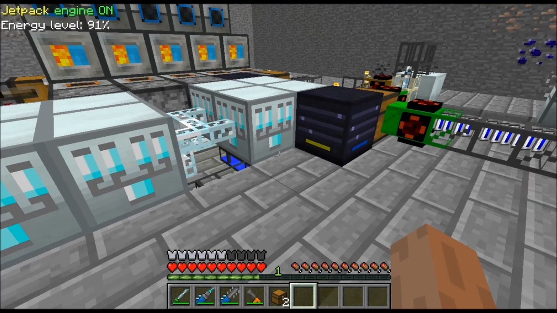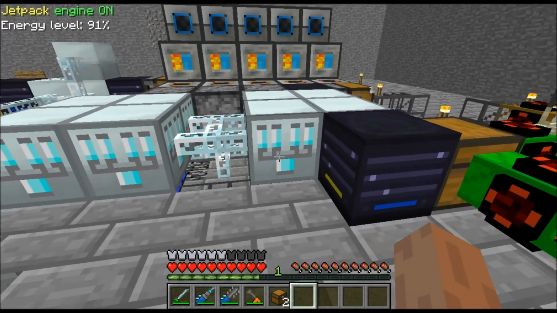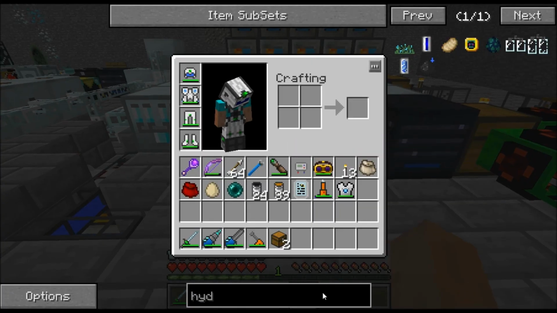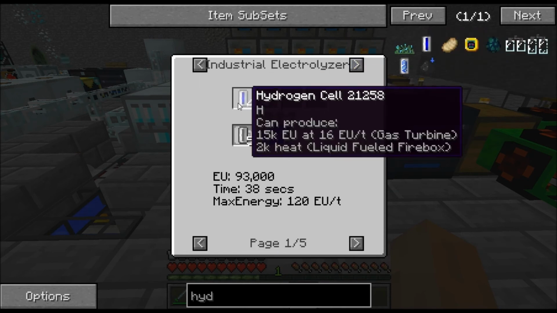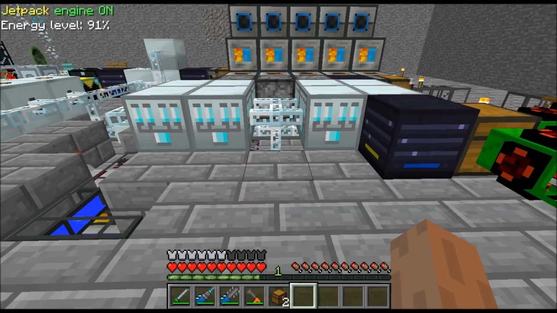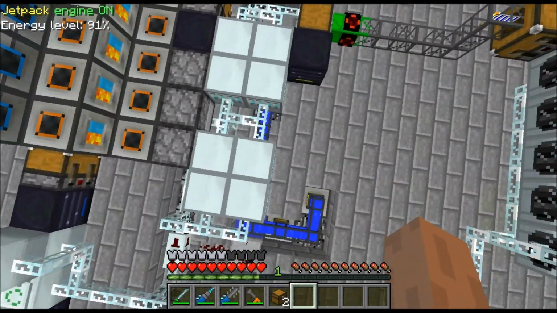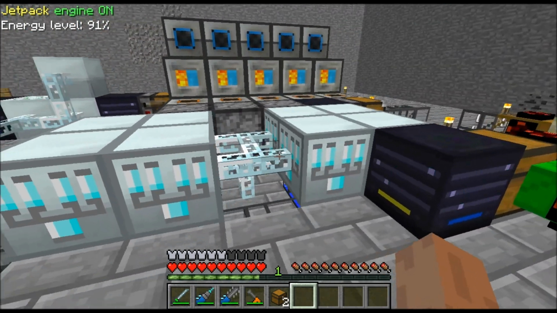So that is how all the machines are based when they scale. So I get 4 hydrogen cells out of each of these, and each one of these runs 1 centrifuge.